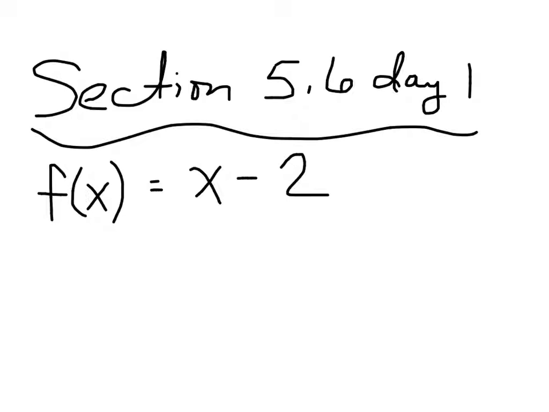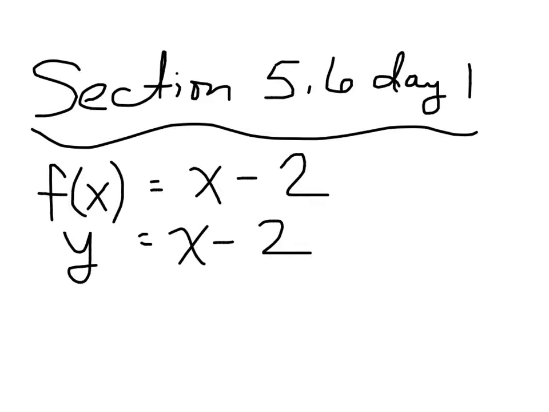The f is referring to the machine. Hopefully you got that after yesterday, where we had f and g, two different machines. We're only going to have one machine with these, but I like to get rid of that f of x because it's a lot of extra letters. f of x is the same as y equals, so f of x and y are interchangeable.